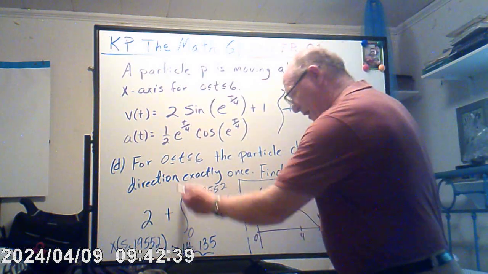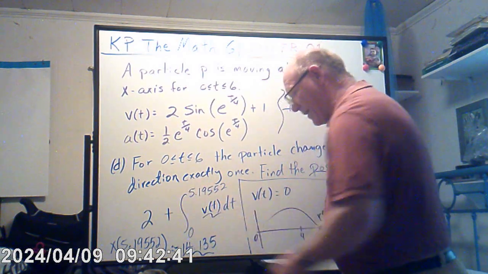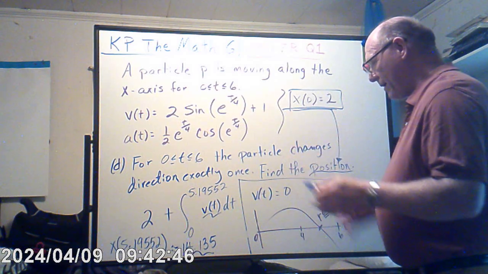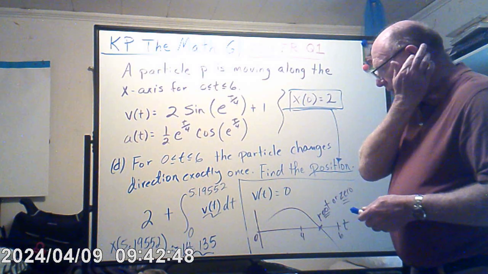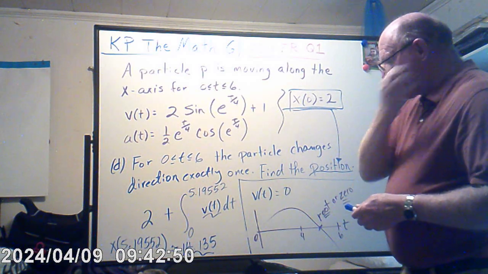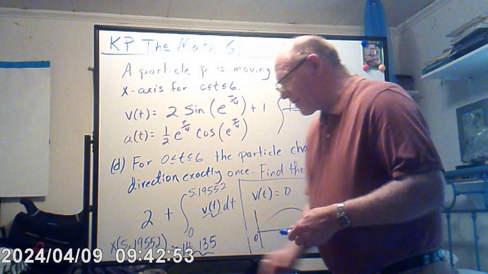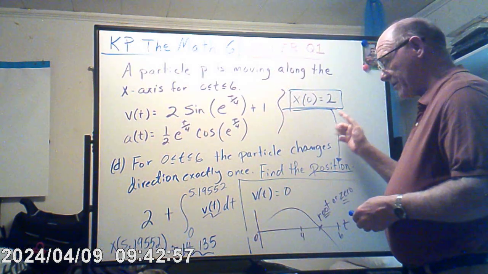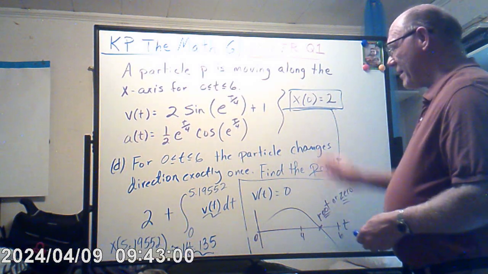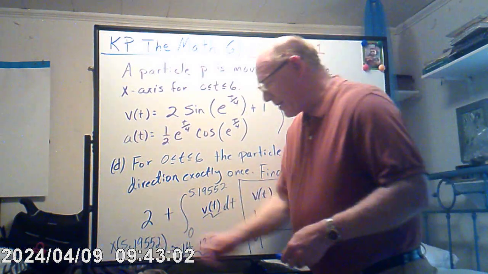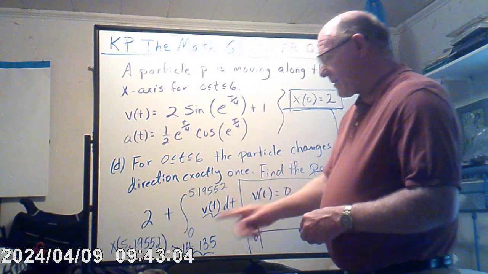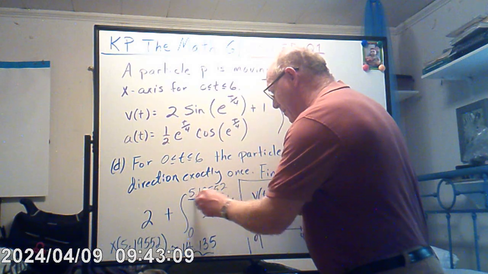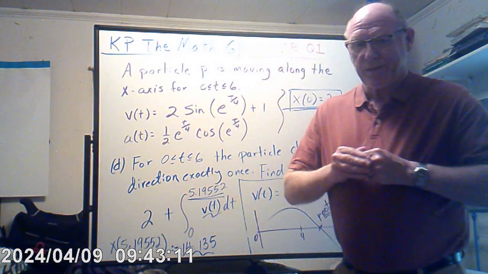So you take the antiderivative of the velocity, that's going to give you your position equation, or your position, where it is. And that's it. Just don't forget this: x at 0, the position, is equal to 2. Not v at 0, but x at 0. So it's that plus this. And remember, it had to be at this time, not 6.